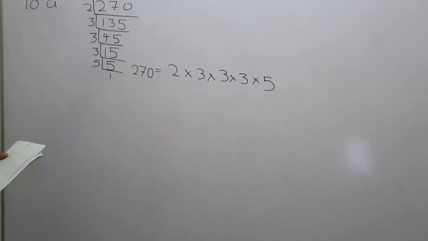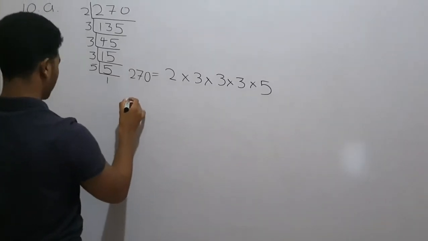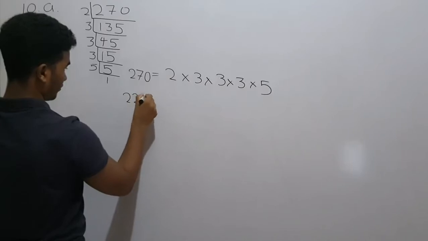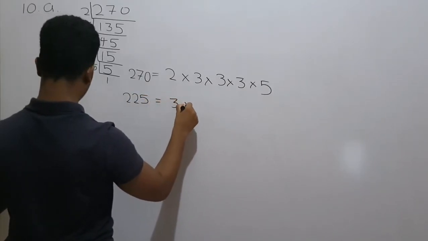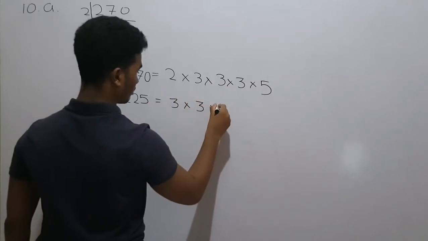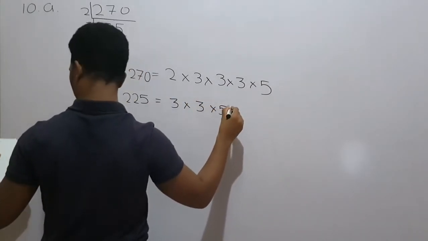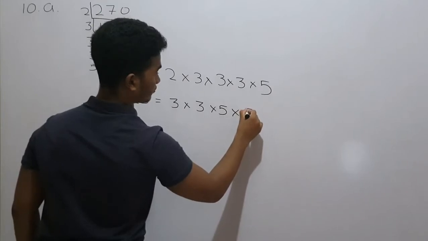You will be getting the prime factors of 225 as 3 into 3 into 5 into 5.